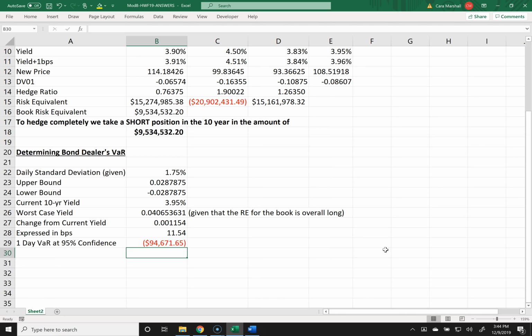And that's how much we could lose with 95% confidence on a given day, right? Again, you could lose more than that. There's a 5% chance that you could lose more than that, but this at least gives us some sort of a handle on how much is at risk with some degree of certainty.